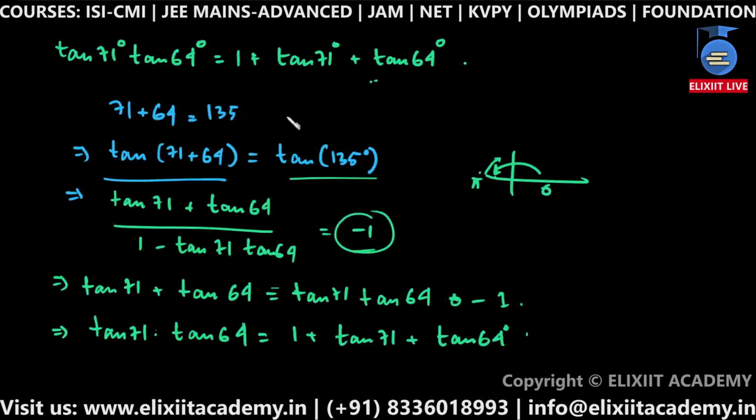You can get these type of identities in integration as well. A function will be given, and you are asked to integrate certain functions where you have these identities. There you have to simplify the function, or else you cannot directly integrate it. Unlike differentiation, where you have rules to differentiate, we don't have general rules to integrate.